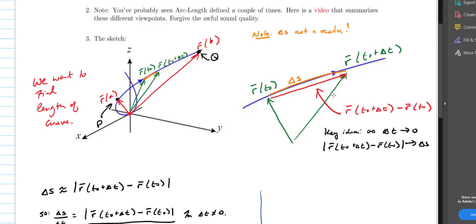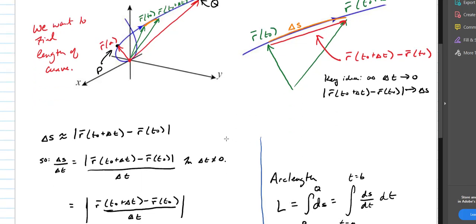And the key idea, though, is that as delta t goes to 0, remember delta t is what gave us this other green vector here, if this gets smaller and smaller, then that will move this second green vector closer to the first, and our red difference vector will be closer and closer to the change in the distance along the curve for that small time segment. So the key idea is that as time goes to 0, this difference vector approaches delta S.